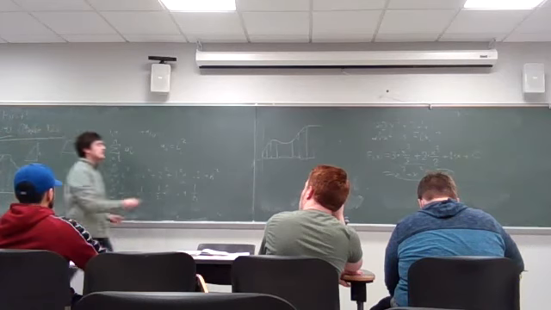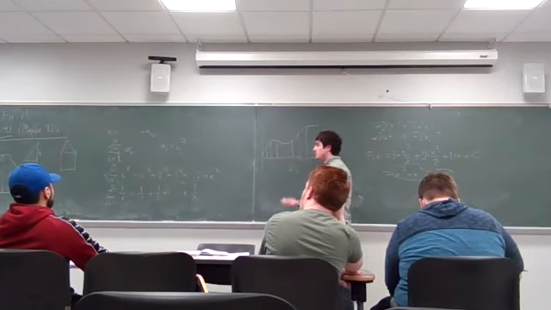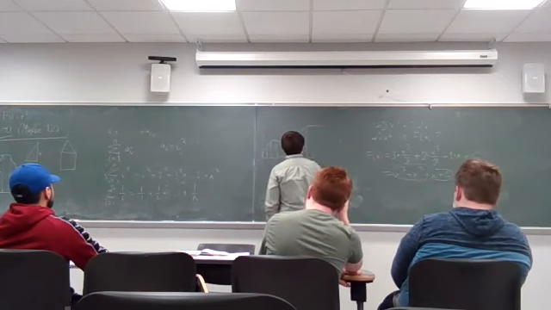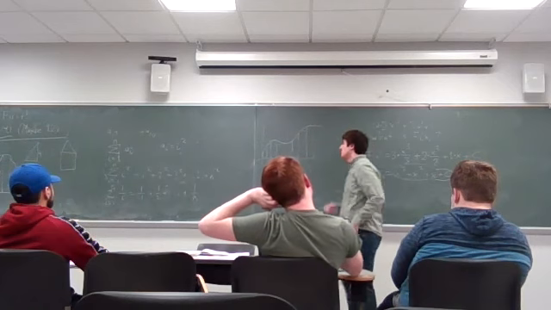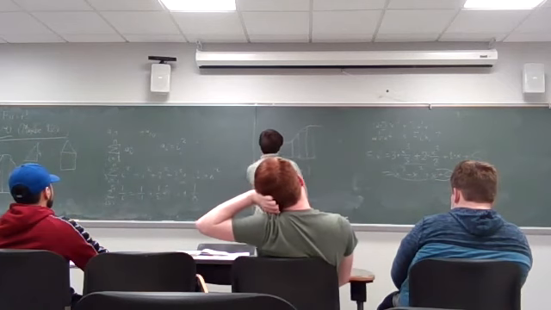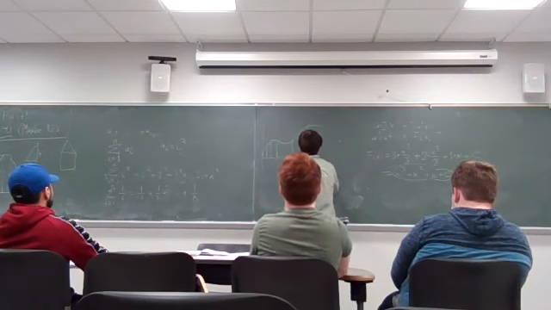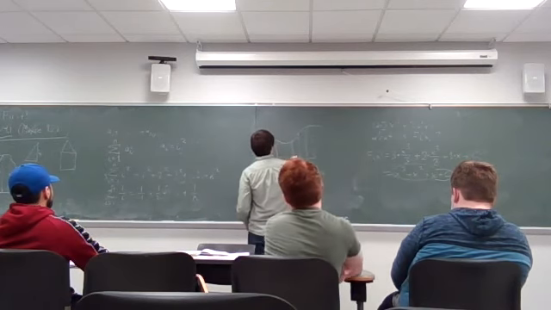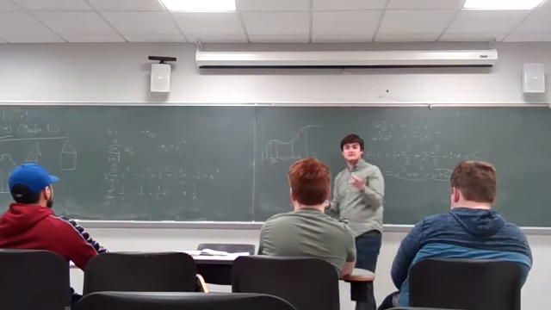So for each rectangle I take some xi, some value along that curve, and that gives me the height of my rectangle. Then I designate something for each length. Maybe I'll call that delta x. It may change accordingly, but that's the distance between each of the x values.